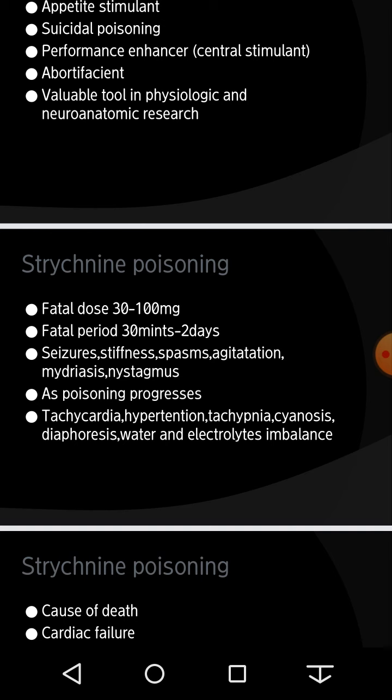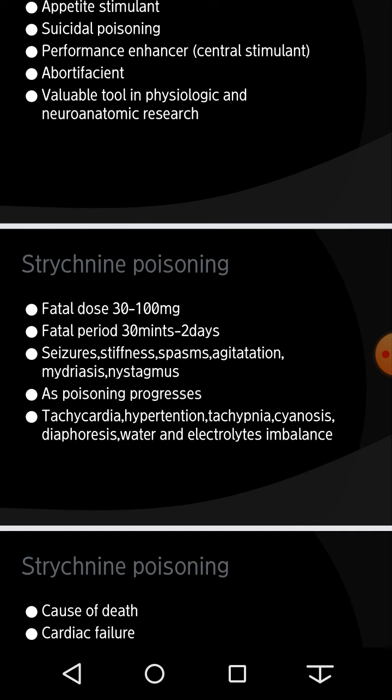Seizures. Now if poisoning happens, what happens? It causes seizures, stiffness, spasms, agitation, mydriasis, nystagmus. As poisoning progresses, tachycardia happens, hypertension, tachypnea, cyanosis, diaphoresis, and water and electrolyte imbalances occur. Cyanosis is actually the bluishing of the skin.